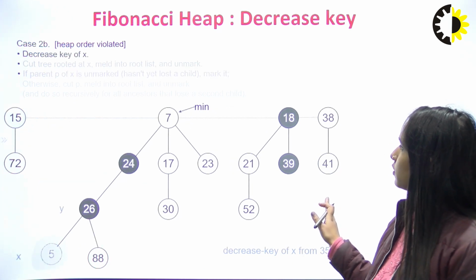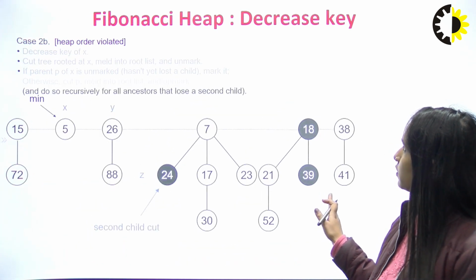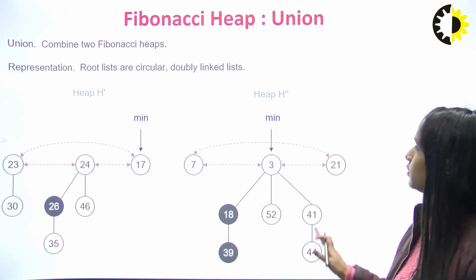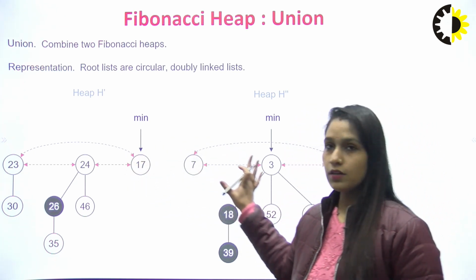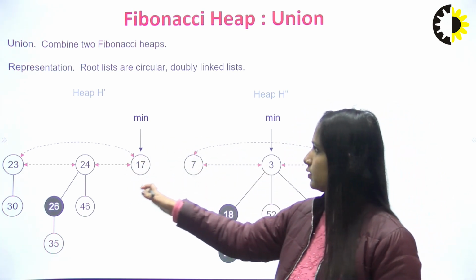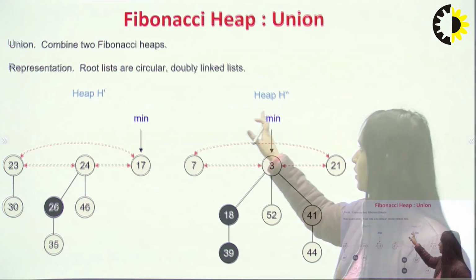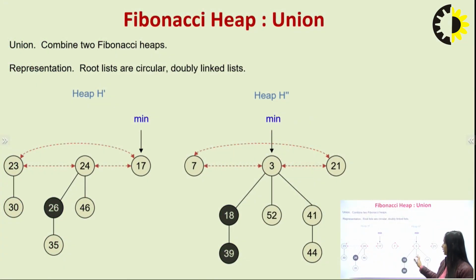Now, one thing which is left is the union. In the union, we have two different heaps, heap H' and heap H''. We have these two heaps, in which we have a combination of trees.